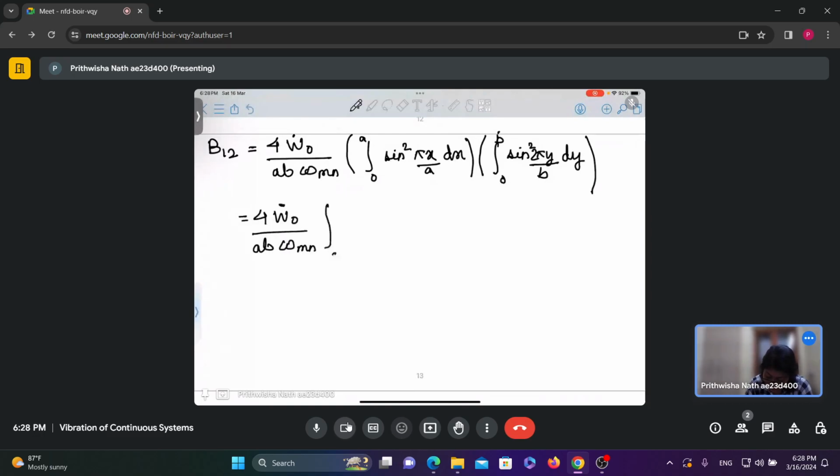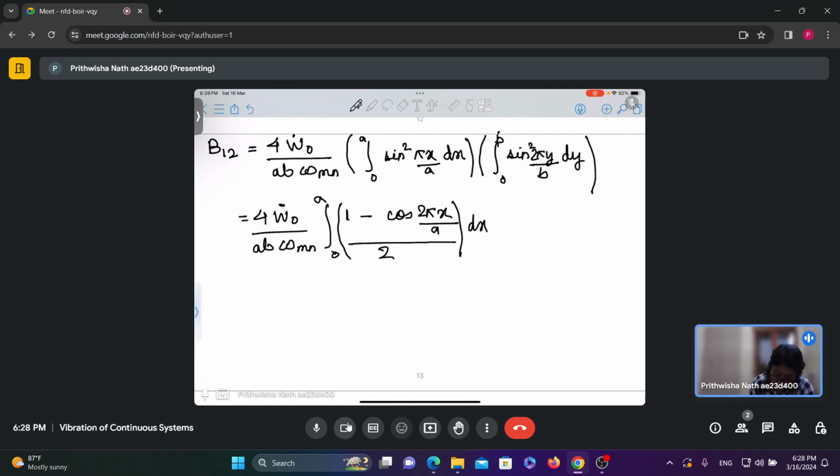Integral from 0 to a of (1 minus cos 2 pi x) divided by 2.